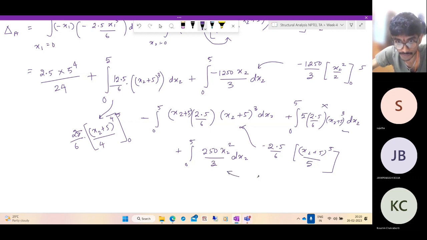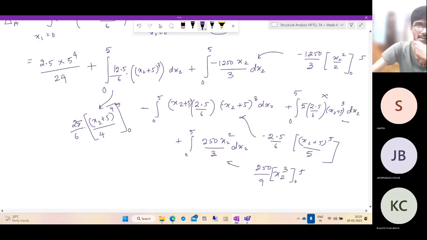Here you get 250 by 9 x2 cube within the limit 0 to 5. Let us evaluate all of them.